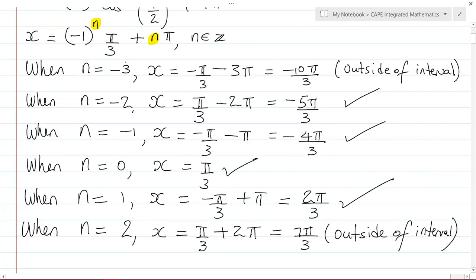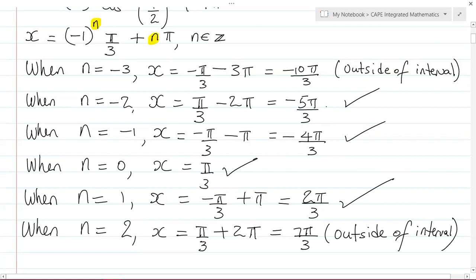So any value less than or equal to -3 would give me a value outside of the interval. And any n value equal to 2 or greater than 2 would also give me a value outside of the interval. That is the reason why I didn't go up to n equals 3, 4, 5, and I didn't go down to n equals -4, n equals -5, etc.